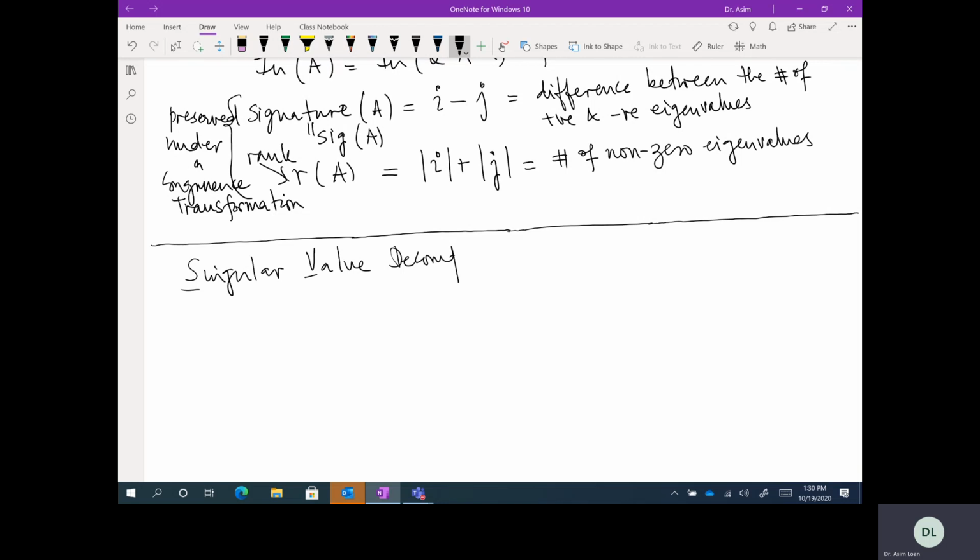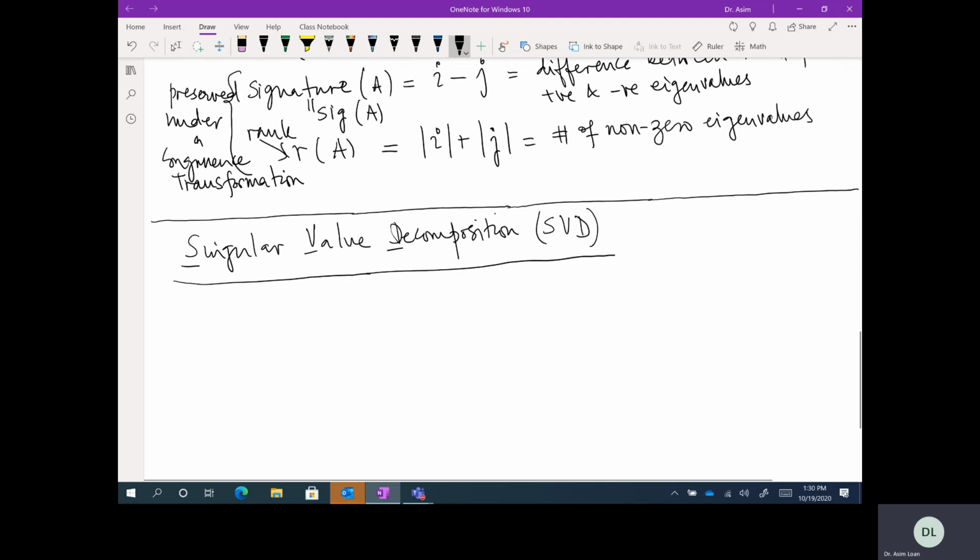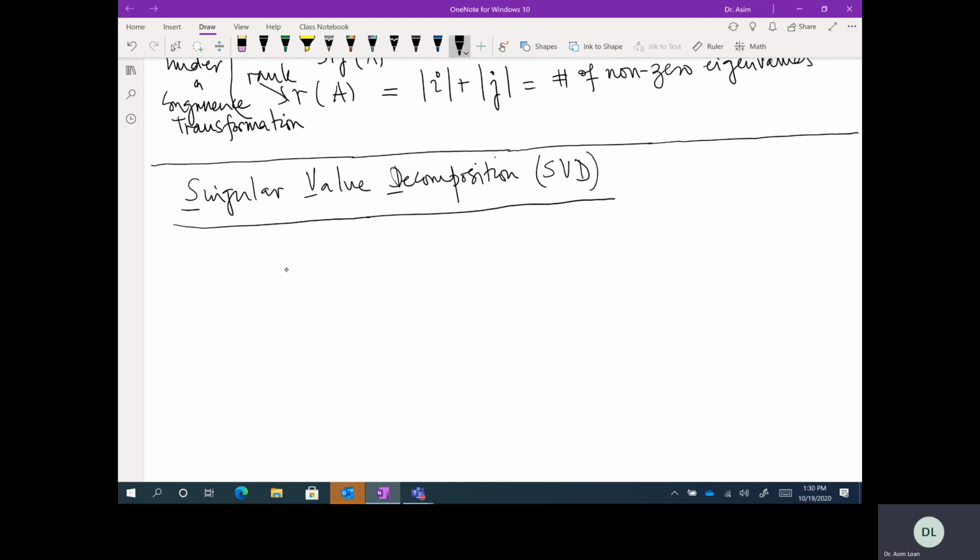And in my first lecture in this course, I actually told you why singular value decomposition is so important from a practical point of view. So singular value decomposition: A, which is an m by n matrix, can be written as U, which is an m by m unitary matrix, sigma, which is an m by n diagonal matrix, and V, which is an n by n unitary matrix.